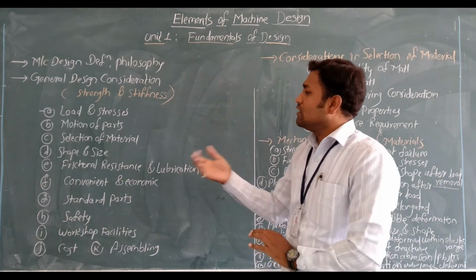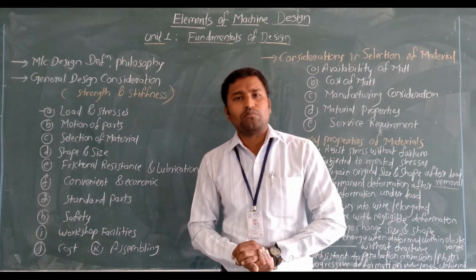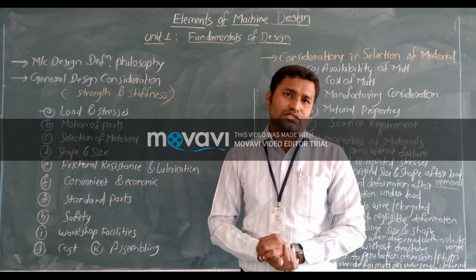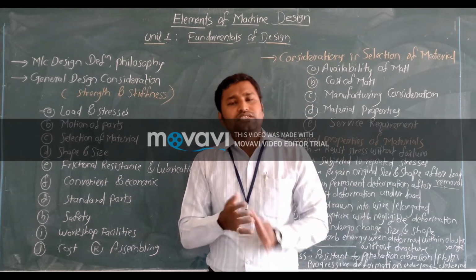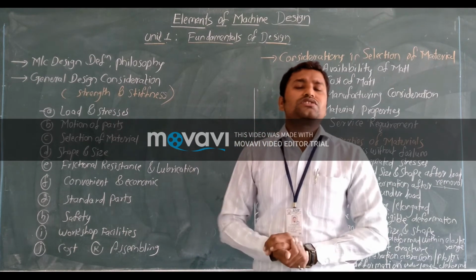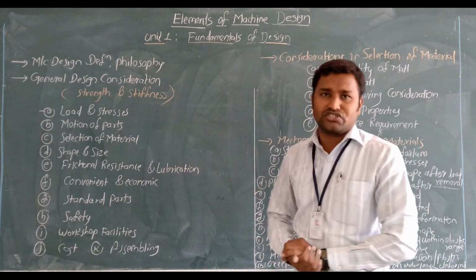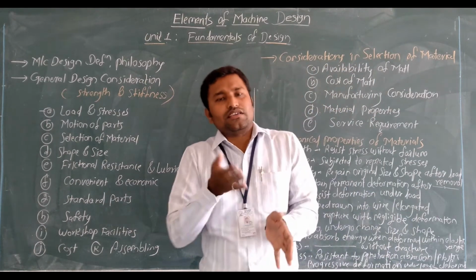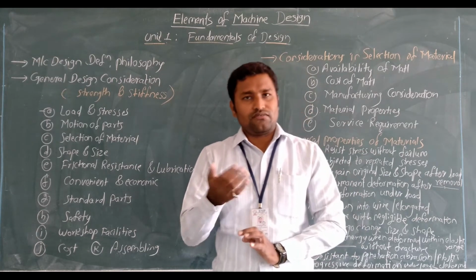Okay. Frictional resistance: in every machine design component, friction is always present. So for that frictional resistance, obviously when there is friction, whether lubrication is needed or not is also considered in this type of considerations. Then next, whether it is convenient or economic in future.